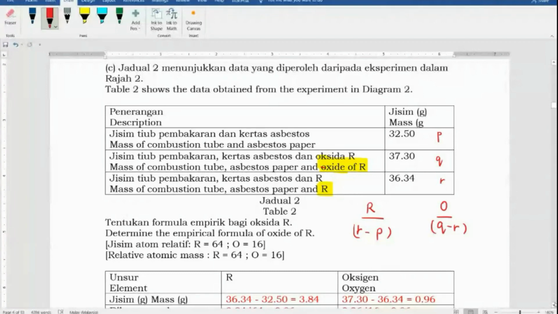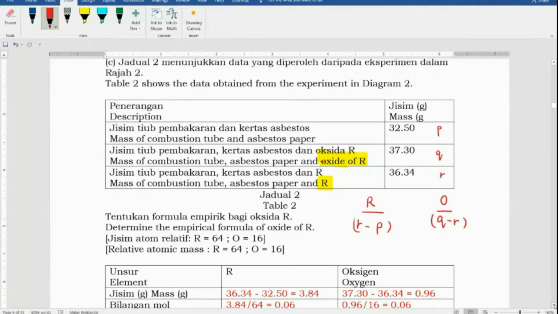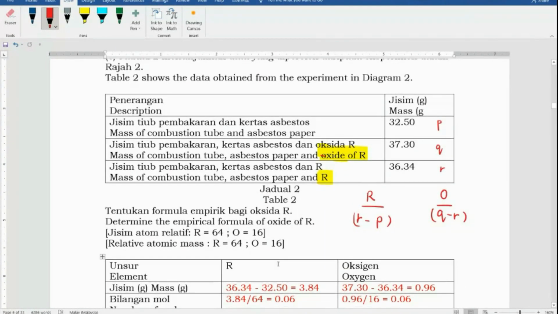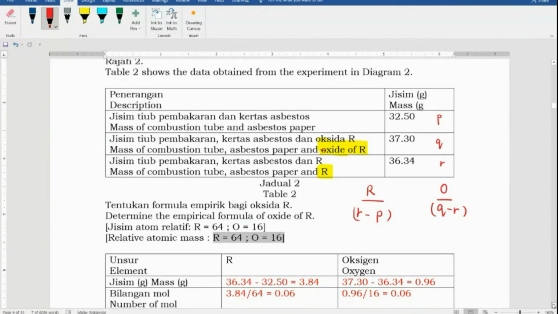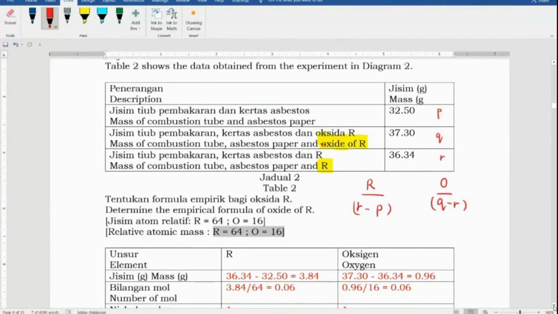Okay, next, number of moles. Again, mass over molar mass. The molar mass is given to you here, so you just use mass over molar mass. So you get 0.06, both are 0.06. The ratio, if both are the same, you divide by the same value.